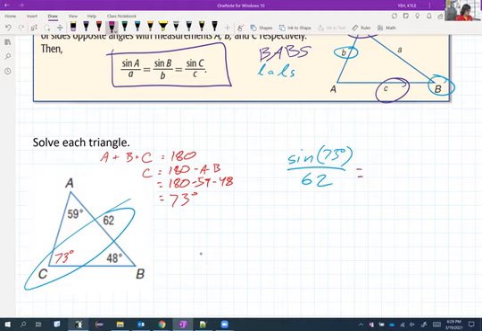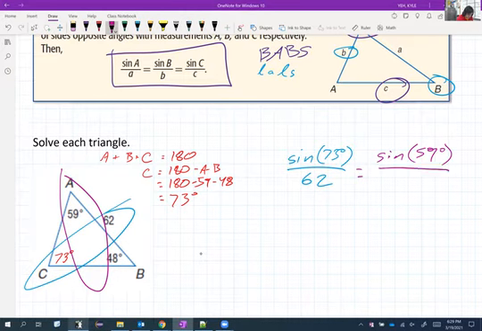I'll do A first, just because it's the first letter in the alphabet. I'll say sine of 59 degrees over side length A. So I'm only using two parts of that triple equation above at a time, but I'm going to set up this proportion. Sine of 73 degrees over 62 is equal to sine of 59 degrees over A.